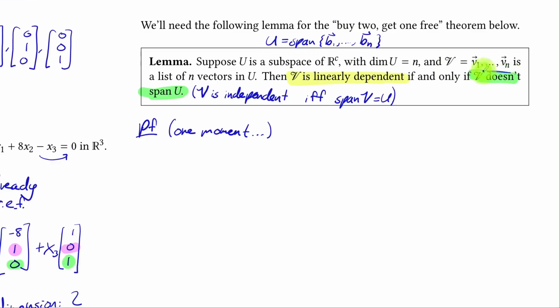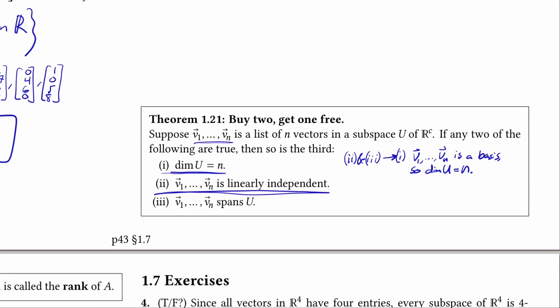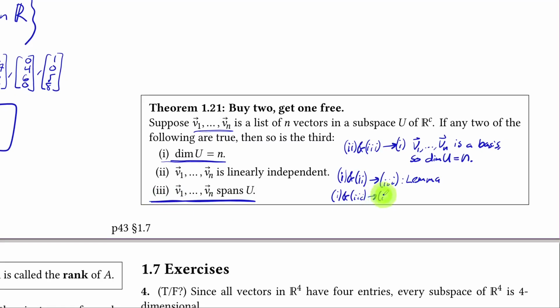You have the same number of vectors as a basis, and if the list is independent, that means it spans U. And likewise, if 1 and 3 are true, if you have the same number of vectors as a basis and it spans U, then it must also be linearly independent, according to the above lemma.